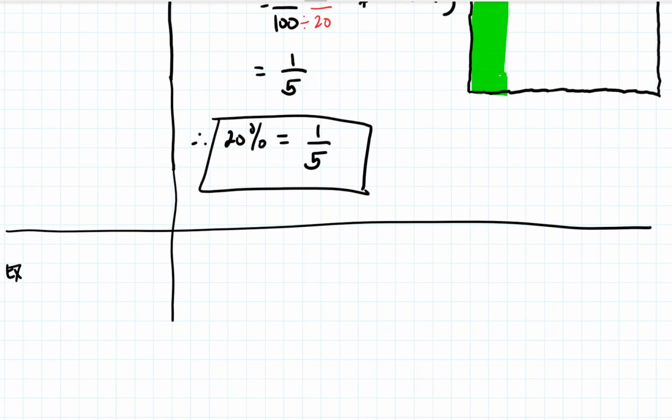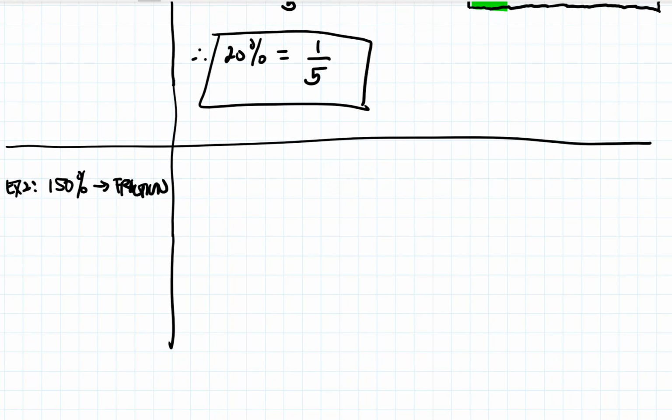Example 2. Let's say we want to express 150% as a fraction. Again, I'm going to do the 2-column notes. The question is at the left, then the solution would be at the right portion. So 150%.